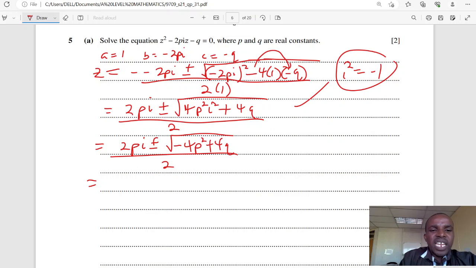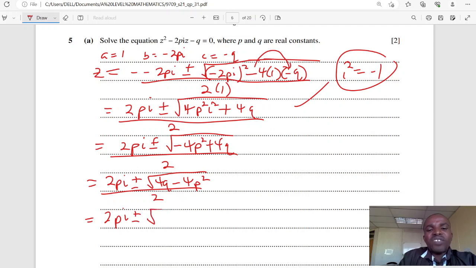It is the same as 2pi plus or minus root of, let me start with the positive, 2q minus 4p squared, all over 2. Then this is the same as 2pi plus or minus root of, I can factor out 4 here, and I'll be left with q minus p squared, over 2.